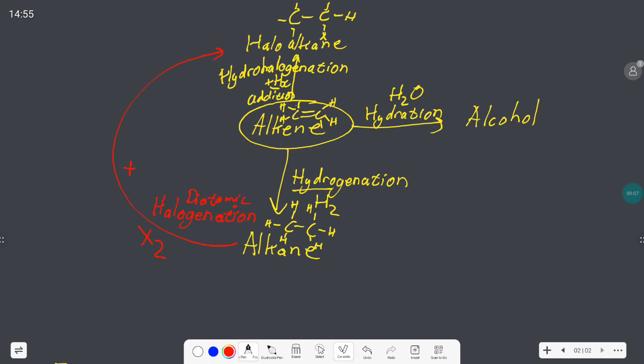From this reaction, I will get a hydrogen bound with a halogen. So this byproduct that forms from here can once again fuel hydrohalogenation. Okay, so this will be the byproduct. This will be what is in excess, what gets thrown off.